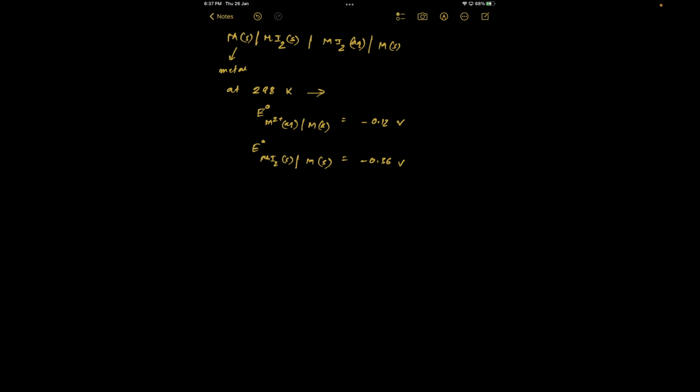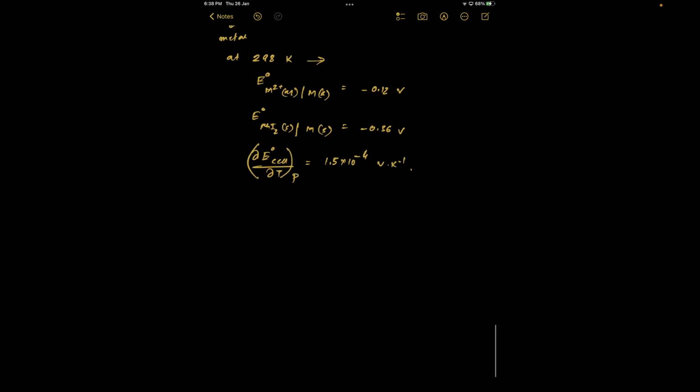Okay, and also there is another quantity given, which is delta E0 cell divided by delta T at constant P, which is 1.5 times 10 to the power minus 4 volt Kelvin inverse. So at this temperature, the standard enthalpy change for the overall reaction is. So we have to find out the standard enthalpy change.